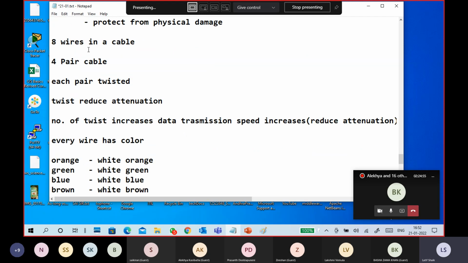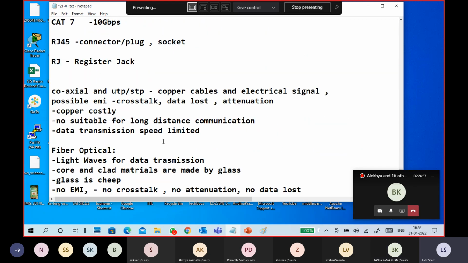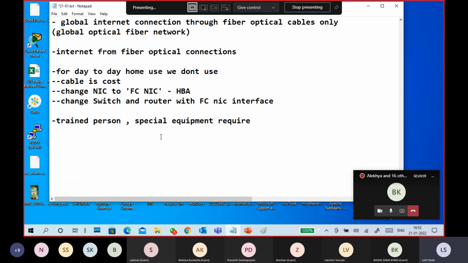But for twisted pair cables, the cost of equipment required is very less than 1,000 rupees. You don't require a very well trained person, you just need practice to understand how to connect it.